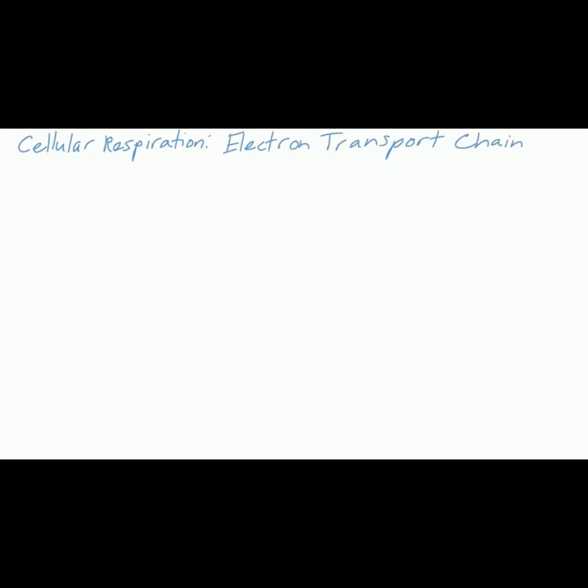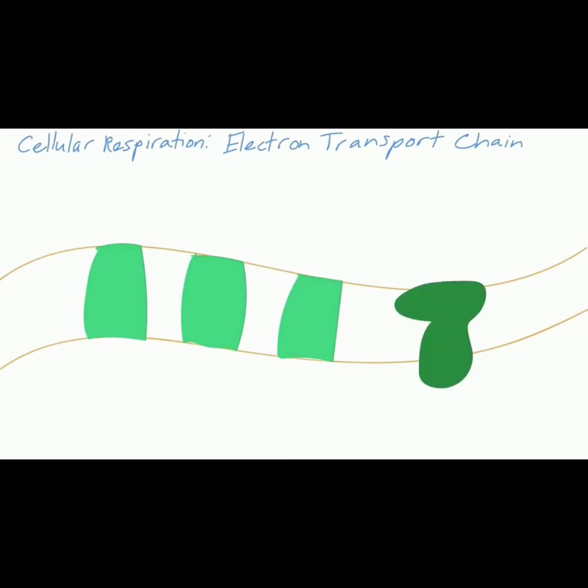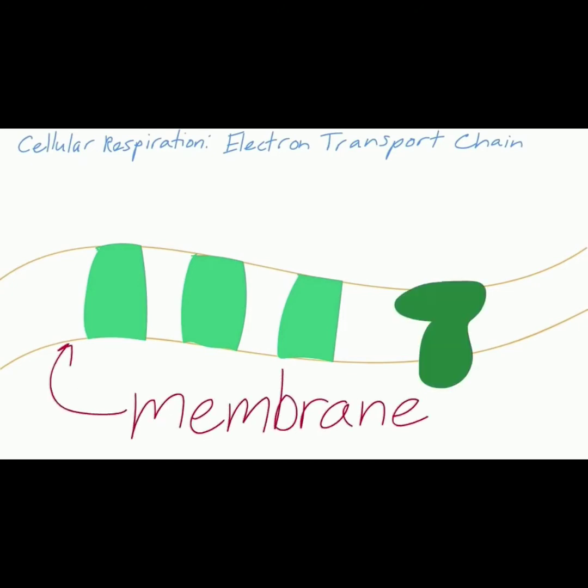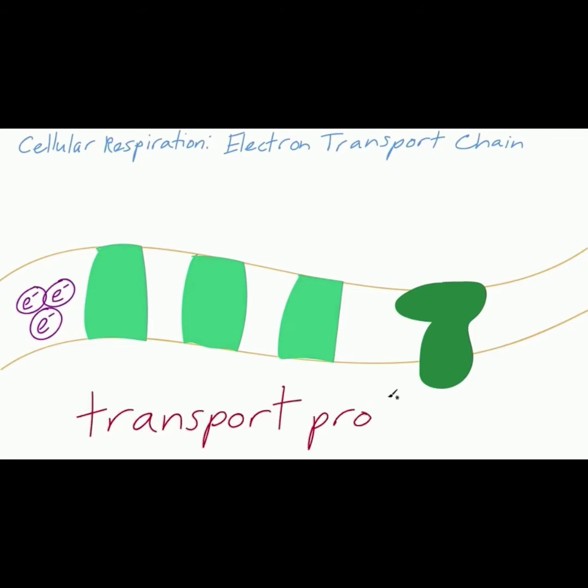This step occurs across a membrane, either the mitochondrial membrane for organisms with mitochondria or the cellular membrane for single-celled organisms. The electron-carrying molecules created in the citric acid cycle release their electrons into the membrane. As the electrons move along the membrane, they release some of their energy to transport proteins in the membrane.